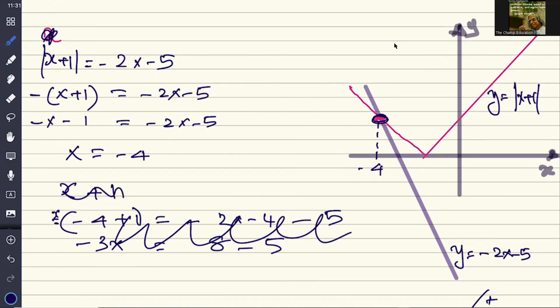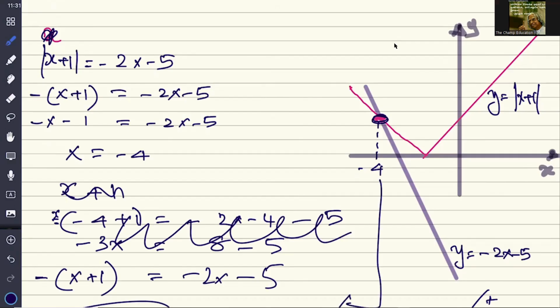For example, if you substitute a positive value, you're not going to get it. So we can only substitute the negative value. So that is going to be equal to minus x plus 1 times minus 2x minus 5. So you get the answer if you do that, x is equal to minus 4. So that's exactly what we have there. So our answer is correct.